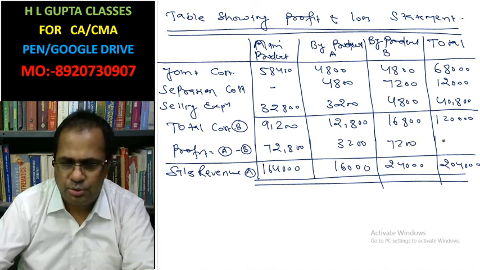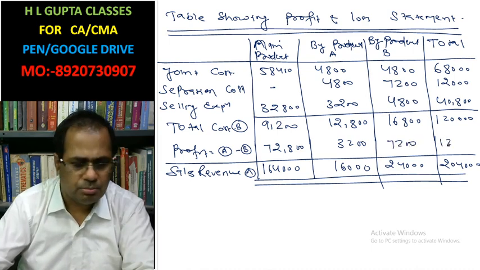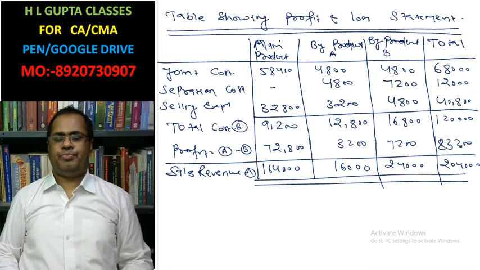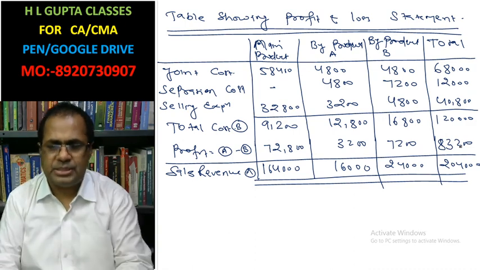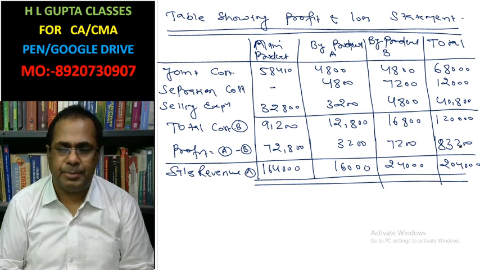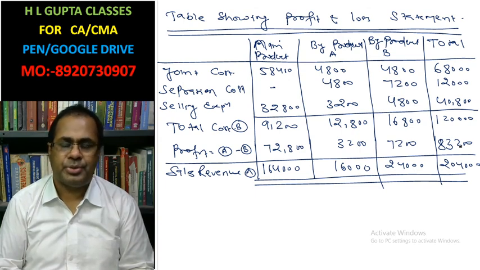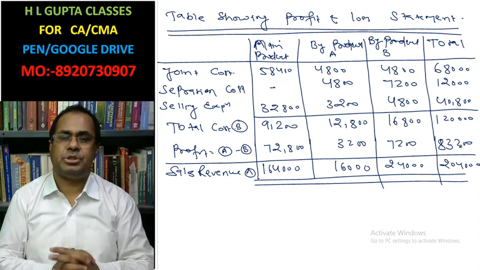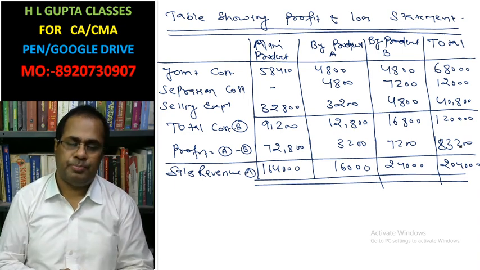That is 1,20,000 of costs, and the profit is 83,200. Okay, beta. In this way, we have shown the profit statement of this question. We understand this from this question.